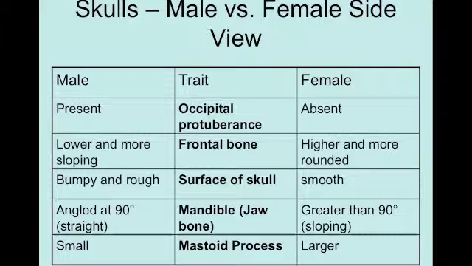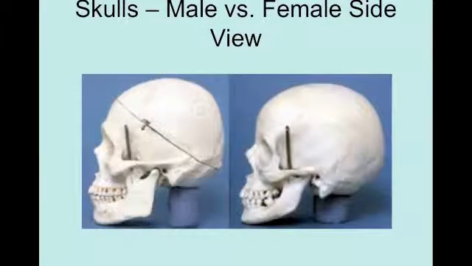That's called the mastoid process. That tends to be larger on males and smaller on females. And here is a side view, male skull on the left, female skull on the right. You can see that very 90-degree jaw on the male, slopes back on the female. You can also see the mastoid process there as well.